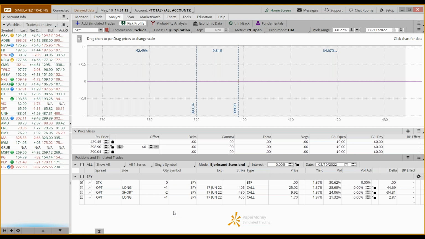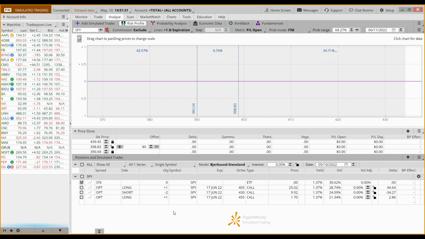So when dealing with butterfly spreads, we can take them from neutral to more directional by making them a broken wing butterfly spread. When dealing with calendar spreads, there's no broken wing calendar. It's a calendar.